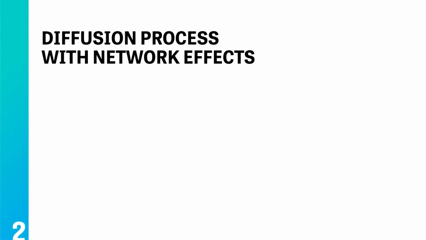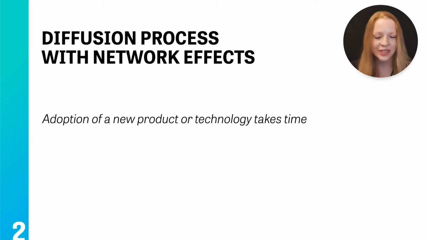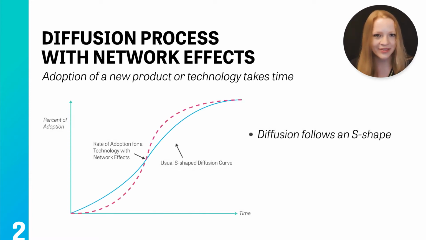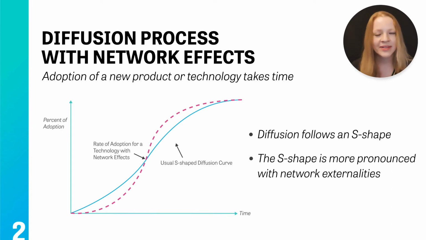So let's start with the adoption of a good with network effects. With any other traditional good, adoption typically follows an S-shaped curve. This is because users, potential consumers, are typically unsure about the quality and the usefulness of that good. But when we talk about products with network externalities, this S-shaped pattern is even more pronounced.